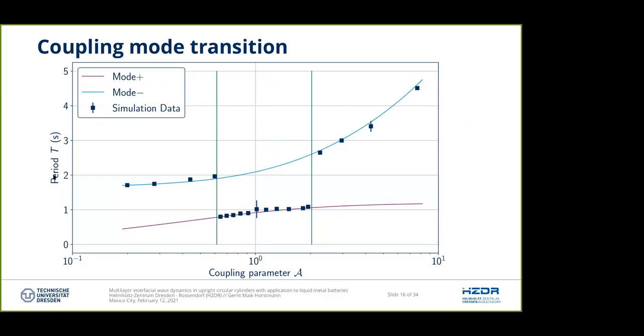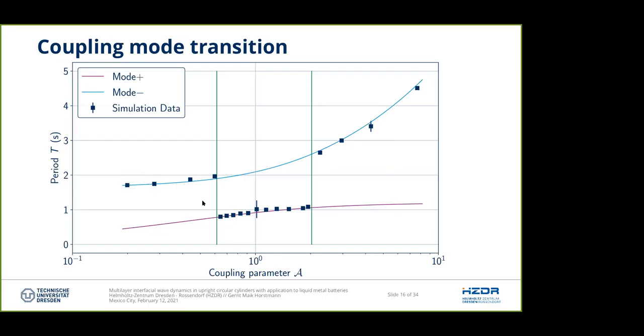Here I plotted the period of the simulated waves against the coupling parameter A. If we have shallow electrolytes, we can neglect the parameter B. Then it's entirely determined by parameter A. So we can reduce the complexity a bit. And I found that first, the simulated periods are always in very good agreement to my predicted wave periods.